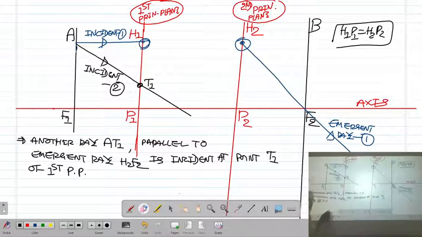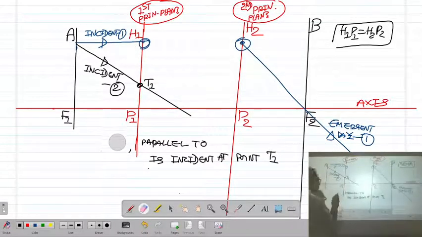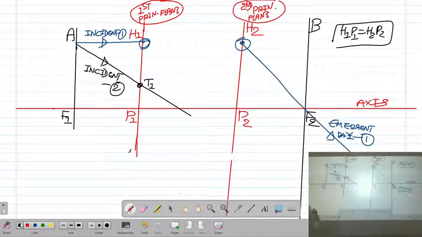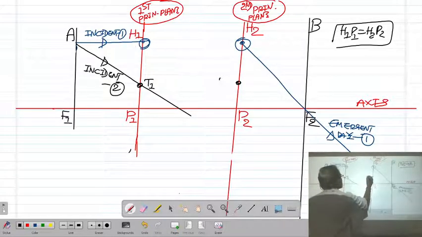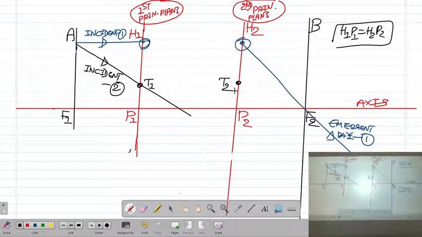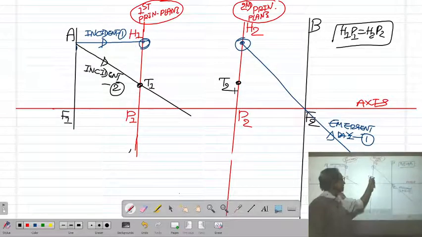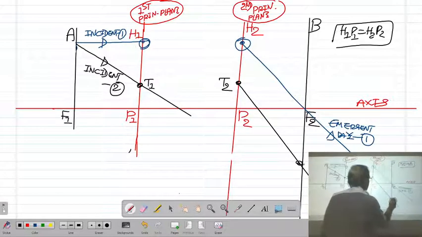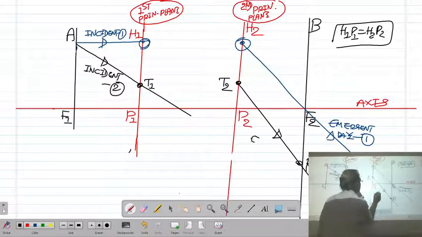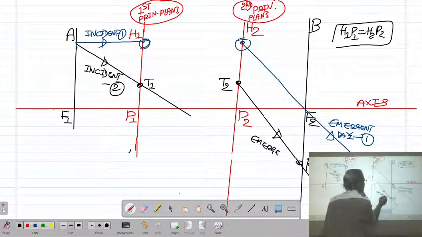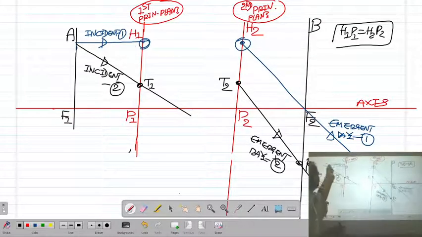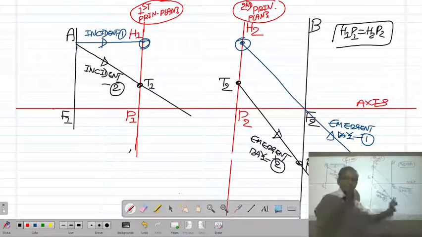After refraction, the conjugate ray will come out from point T2 in the direction T2R. This is emergent ray number 2. So this is the first incident ray and this is its conjugate emergent ray. This is the second incident ray and this is its emergent ray, right?